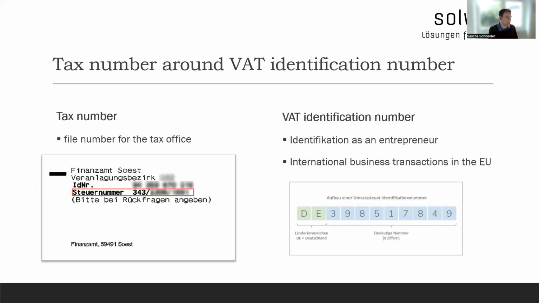If you already made a tax declaration in Germany, you can see on the left side, on the top of this paper, your tax number every year and your identification number as well. So if you already have it, it's fine. If you open the business, it's possible that you get a new tax number, especially for your business.